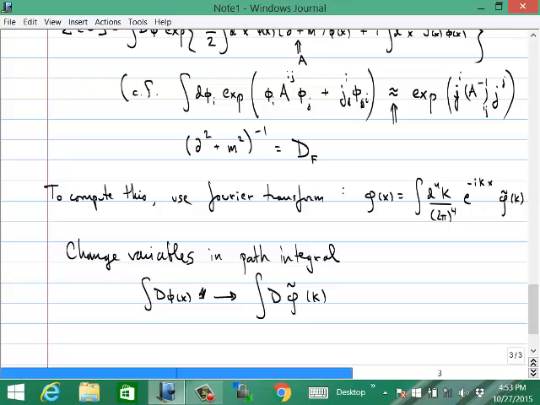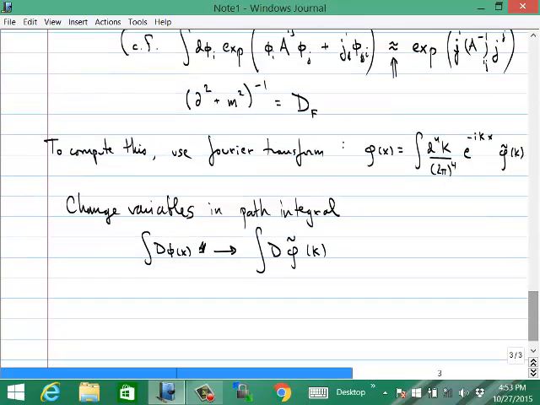What do I mean by that literally? Well, let's just imagine that we had this integral over d phi x, the integral over possible field configurations. You could really think about that as a product over all values of x of some normal one-dimensional integral, d phi x.